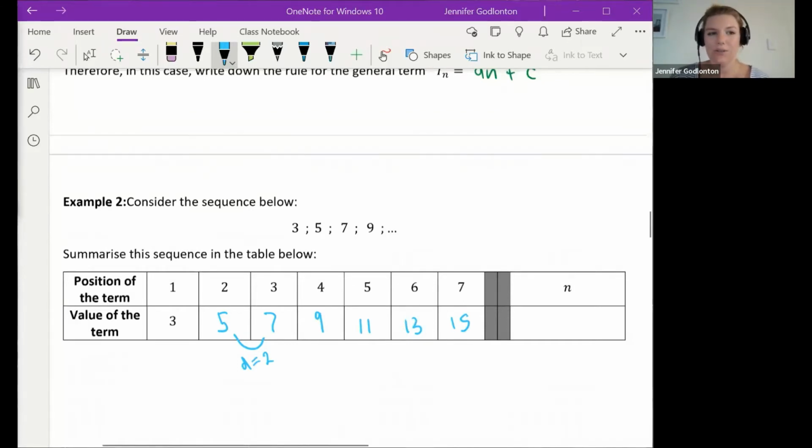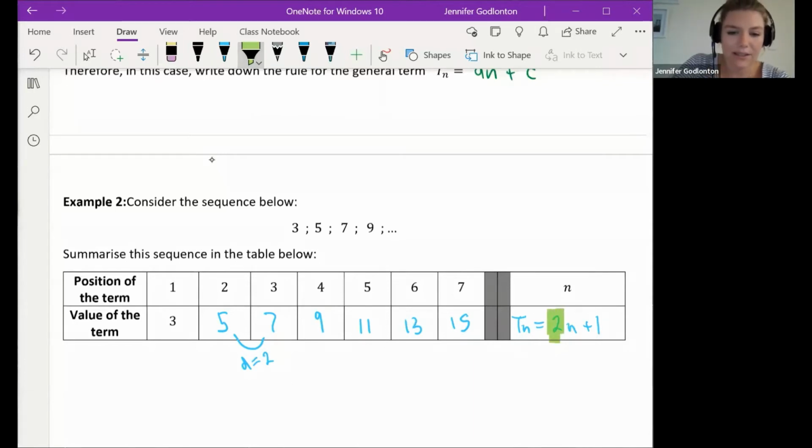Next thing we need to do is figure out what our rule is. So we need to think about what's going to go over here. We need to write Tn is equal to. 2n plus 1. Great, 2n plus 1 is excellent. So we know that this 2 is going to be our constant difference.